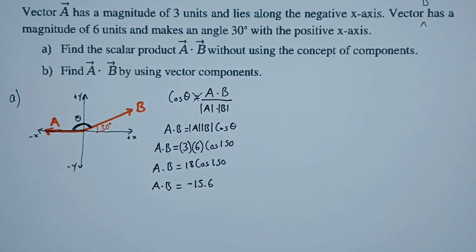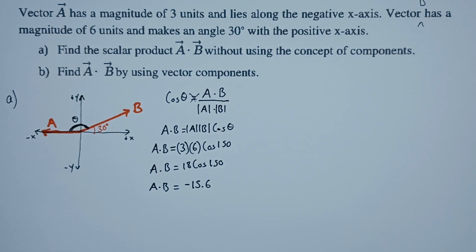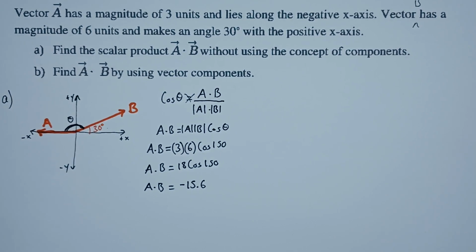So that's the dot product that we find without using components. Now for the second part, it says using components. We are supposed to obtain the same answer, but using a different concept, and that concept is components, of course. So let's see now how we can use components to obtain the same solution.